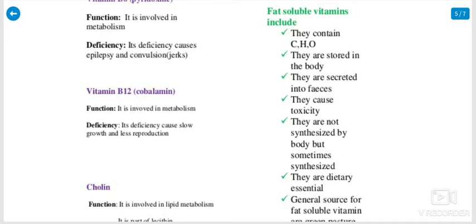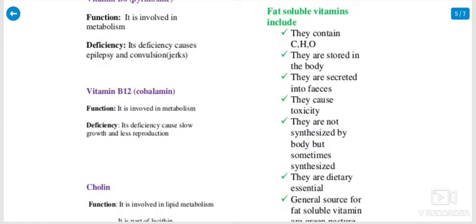At the same time, they are stored in the body, they are secreted into feces, and they cause toxicity also. They are not synthesized by the body, but sometimes they are.